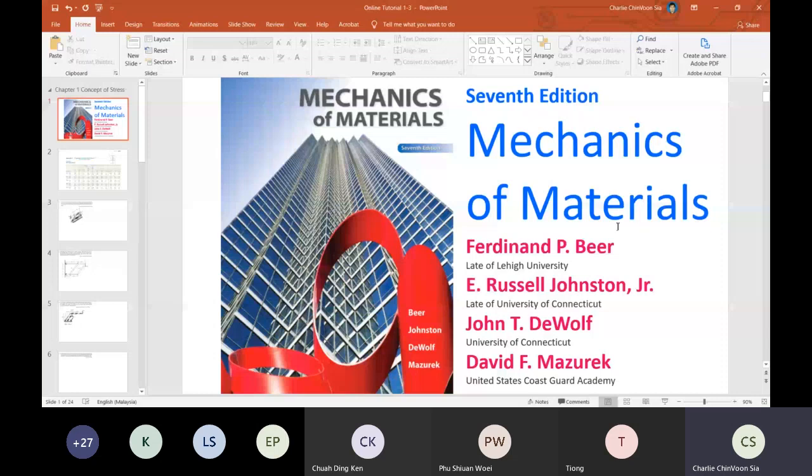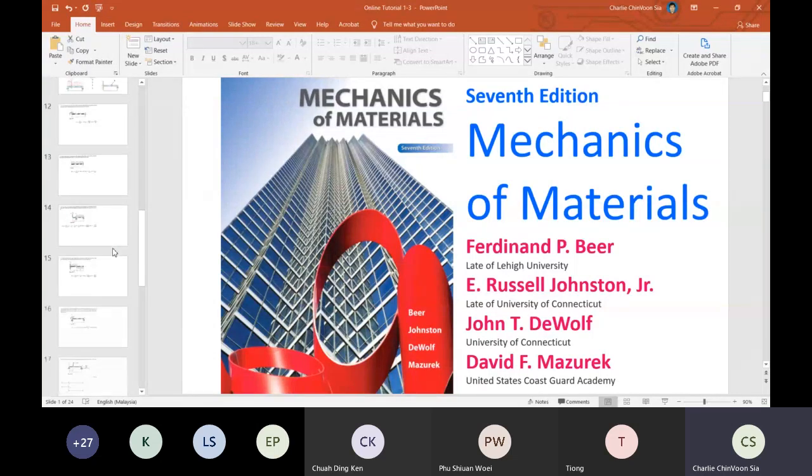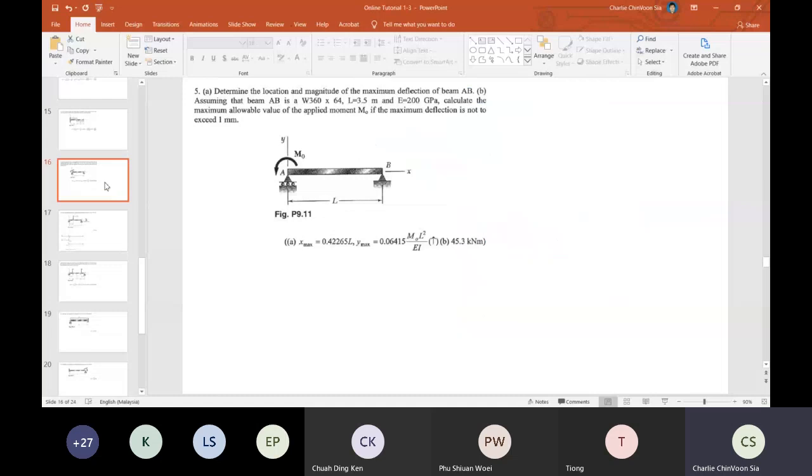I think this book is quite useful because of the questions, especially for chapter 3. Let me give you an example. Let's say question number 5. There is a property of the beam, for example W360 multiplied with 64.